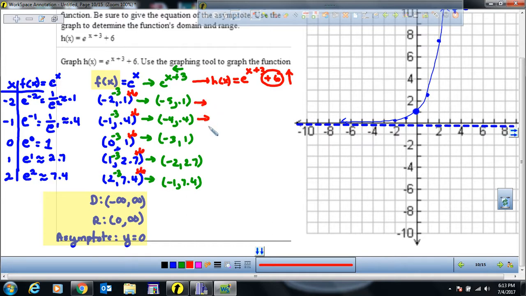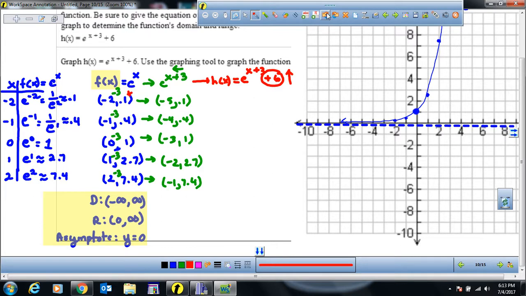So we are going to do the points for this. Oh, but I should have done it on the new ones. It doesn't matter though, but let me put the plus 6s on the right side. I don't know why I was doing the plus 6 to the previous one.